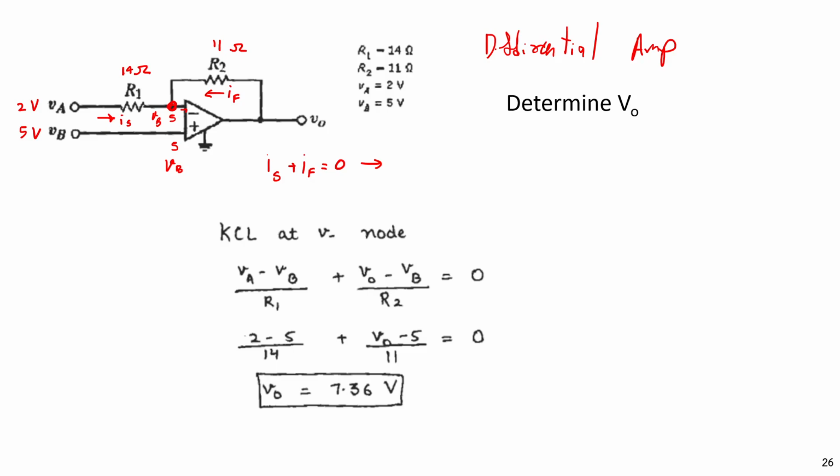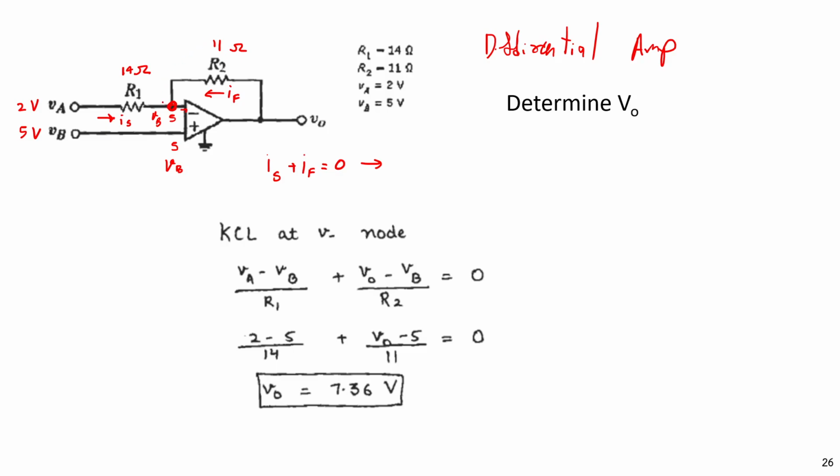VA minus VB by R1, Vout minus VB by RF. IS is VA minus VB by R1.